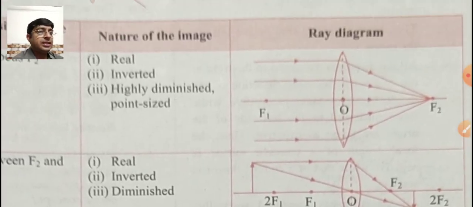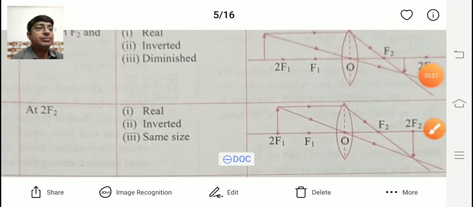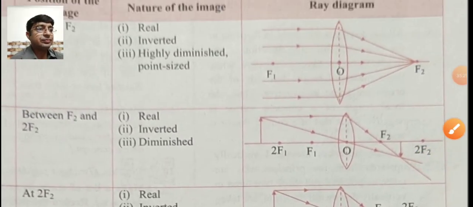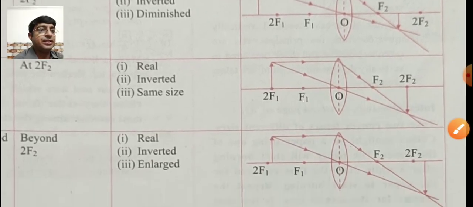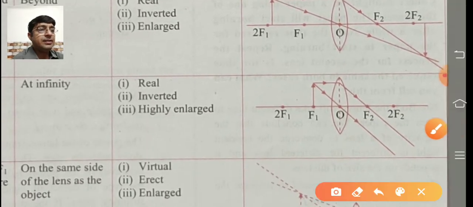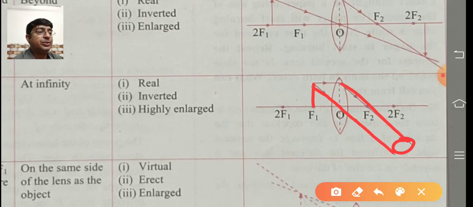When the object is at infinity, where is the image formed? Check. The object is at infinity, so the image is formed at f2, and exactly opposite to this, when the object is at f1, the image is formed at infinity.